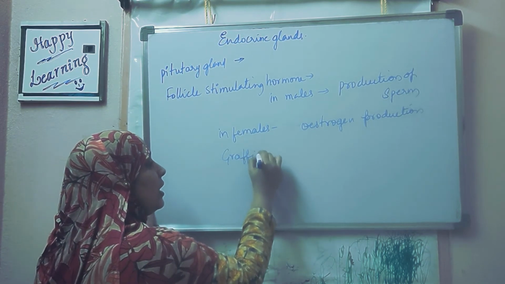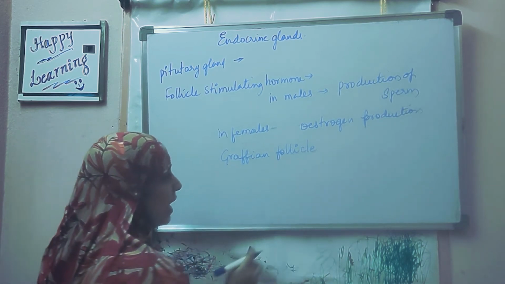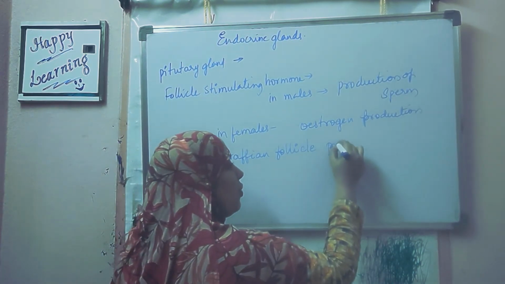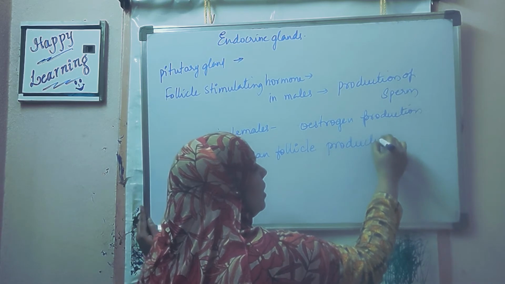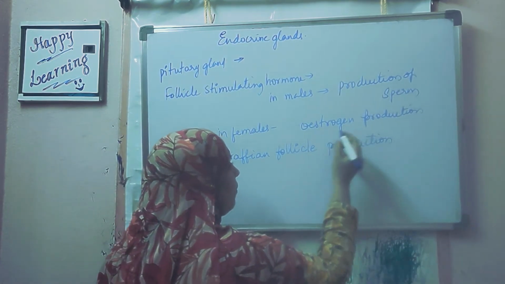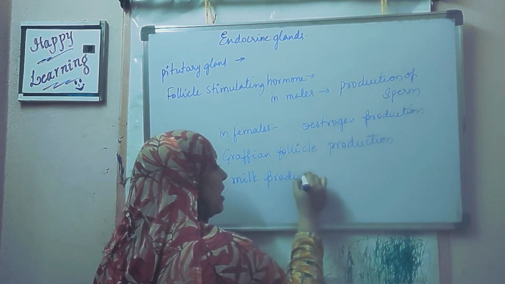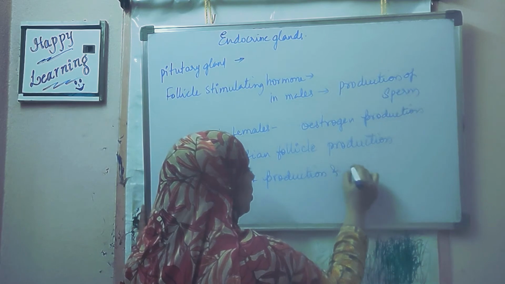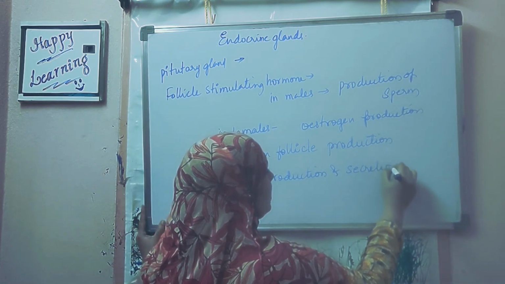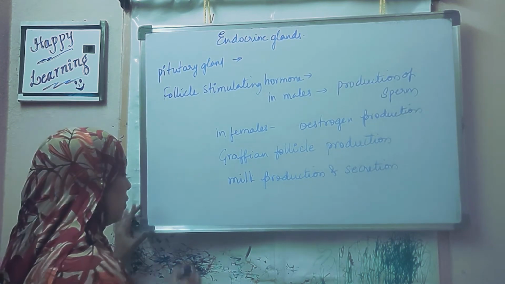Graafian follicle, the follicle which releases ovum, its production also is under control of follicle stimulating hormone. Apart from this, milk production and milk secretion. Milk secretion means release out of body. Both are under control of follicle stimulating hormone.